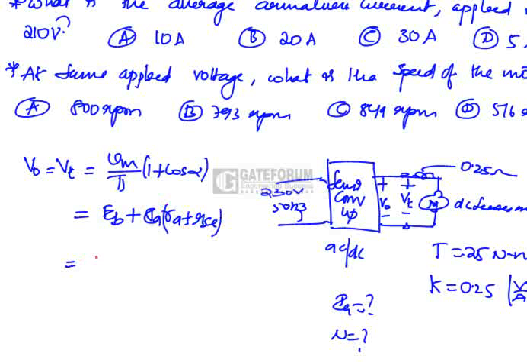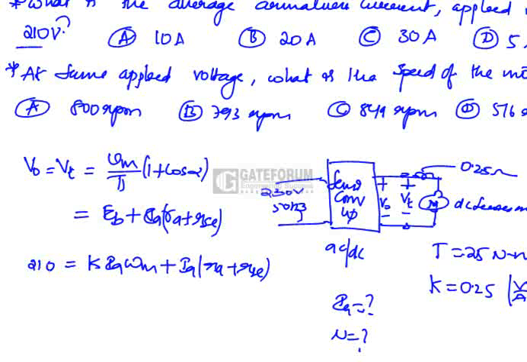Now what is EB here? EB is the back EMF. In a series motor we can write it with some constant K into IA into omega m, plus IA times RA plus RSC.